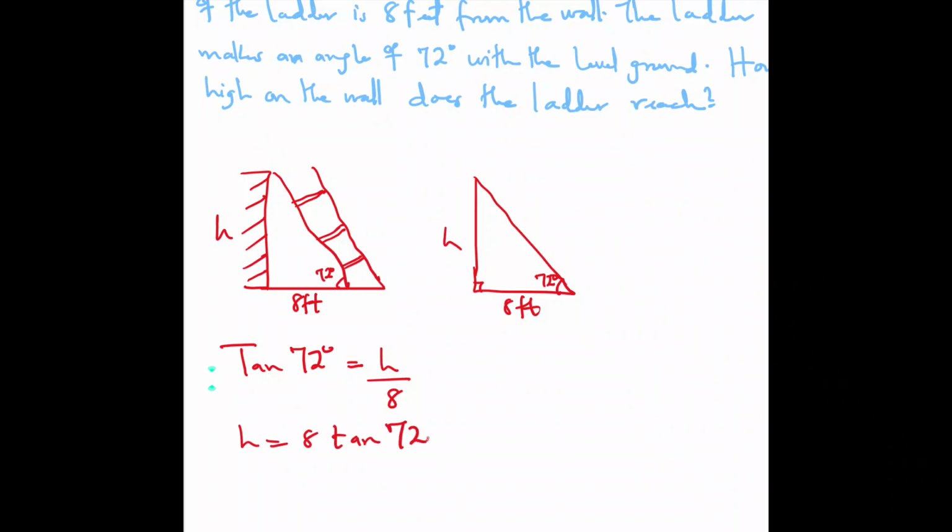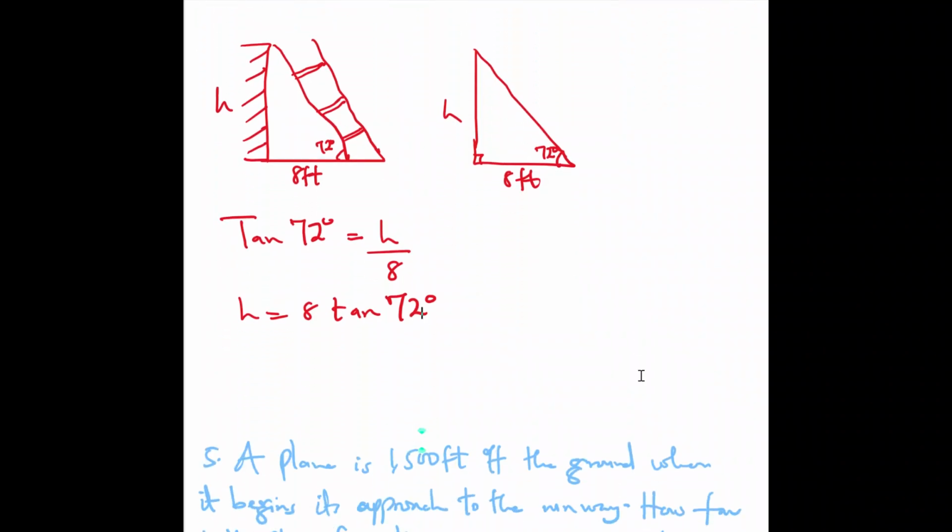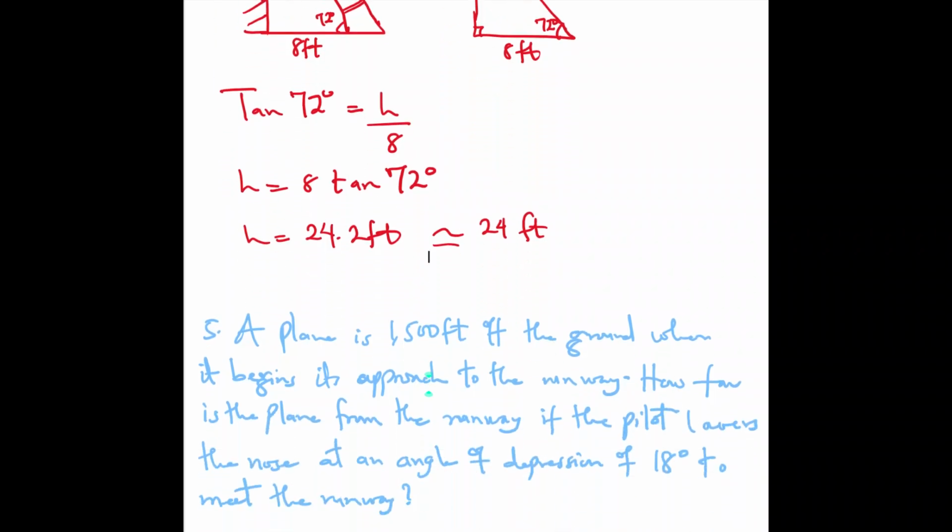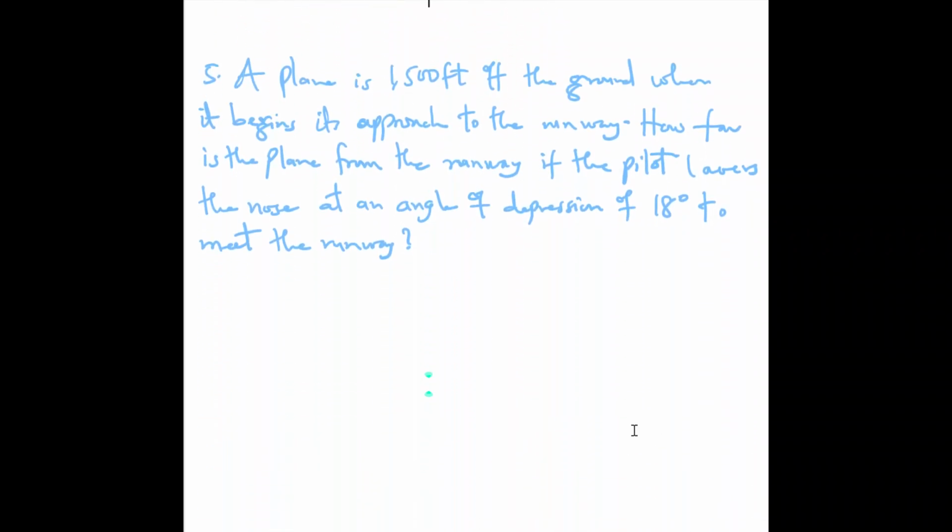You cross multiply, that will be 8 tan 72. We punch it in the calculator and we get 24.2 feet, so that's approximately 24 feet. So that's it. Now we'll do the last question.